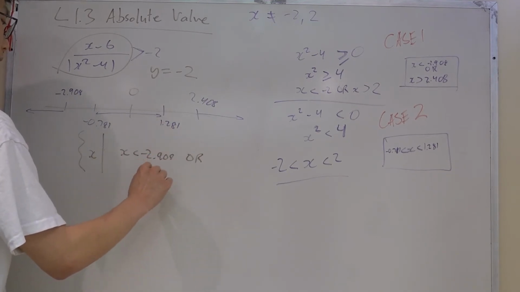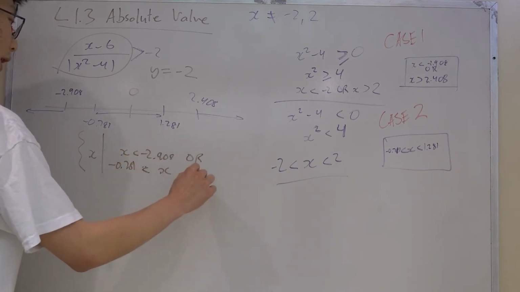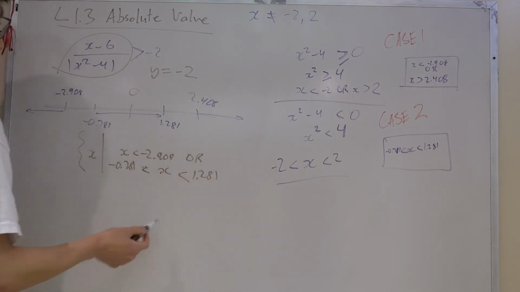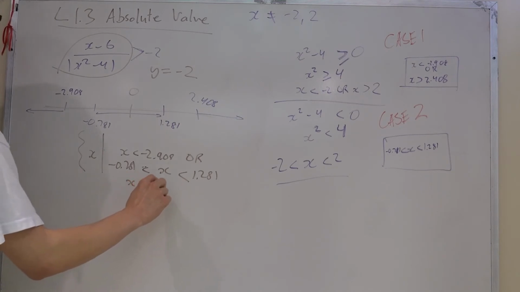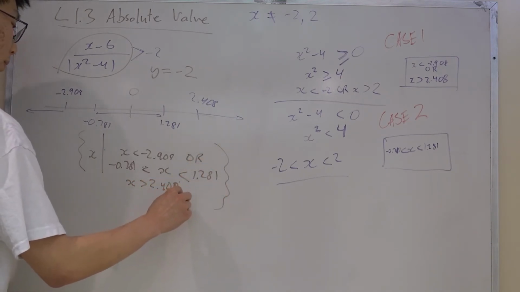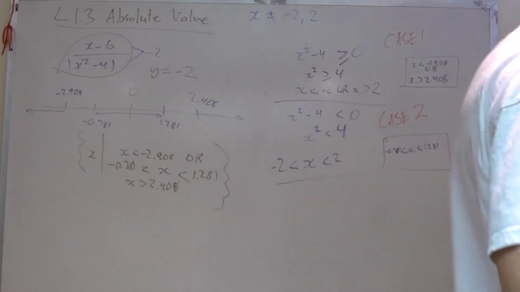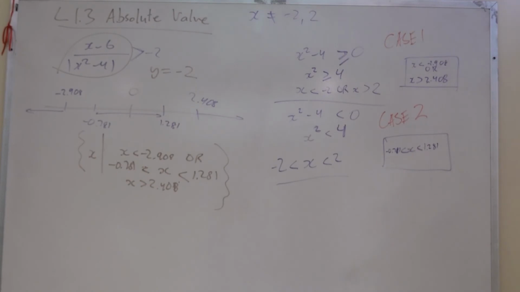So let's do it like this: negative 0.781 and 1.281. And the last one is x is bigger than 2.408. Okay? Right. All right, so that's our solution set. And we're done the problem.